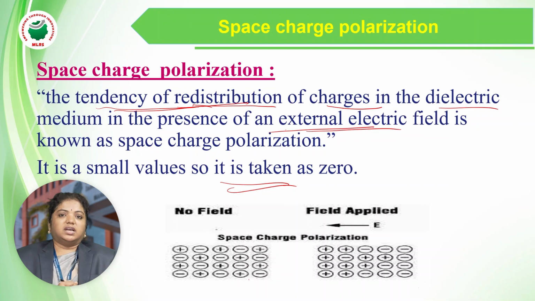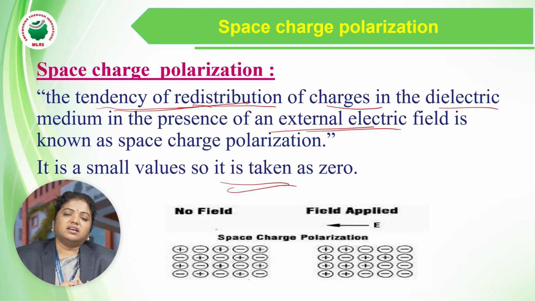So we have a total of 4 types of polarization. One is electronic polarization. Here the dielectric material is in the form of atoms, and that type of polarization is called electronic polarization. When the dielectric material is in the form of molecules, that type of polarization is called ionic polarization, when we apply the electric field.